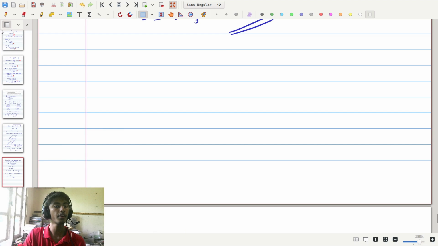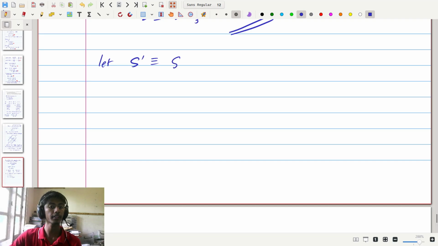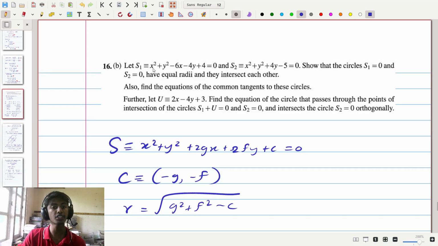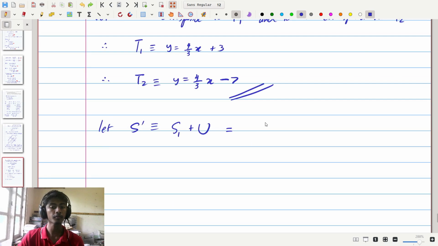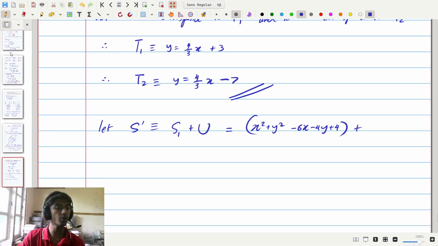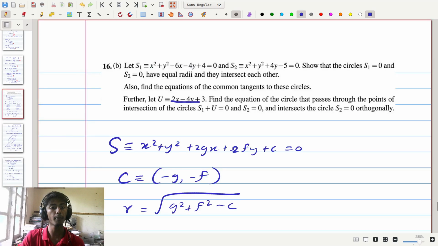So going down, first we can say let s dash be given by s1 plus u. Now from that we can see this is going to be equal to s1, which is x squared plus y squared minus 6x minus 4y plus 4, plus the line u, which is equal to 2x minus 4y plus 3.